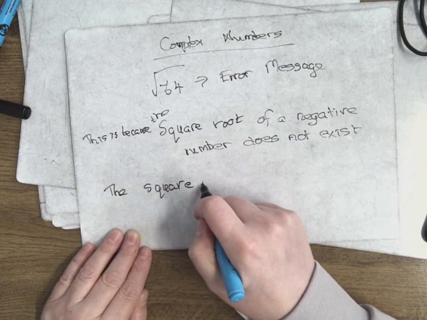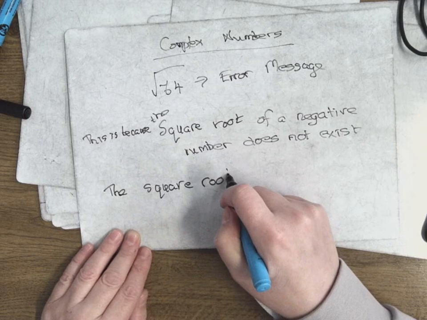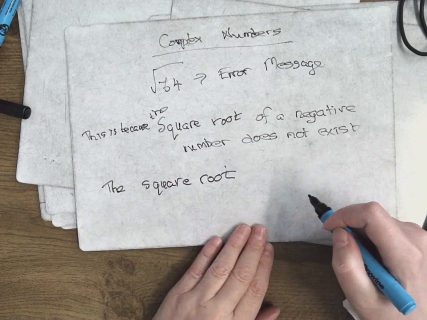So the square root of a negative number is an imaginary number, right?